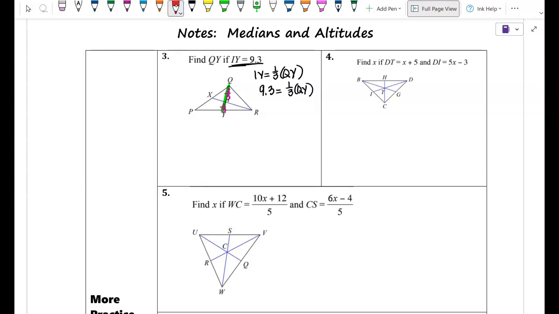So again, to undo 1/3, I multiply by 3/1, or just 3. So QY is 3 times 9.3.